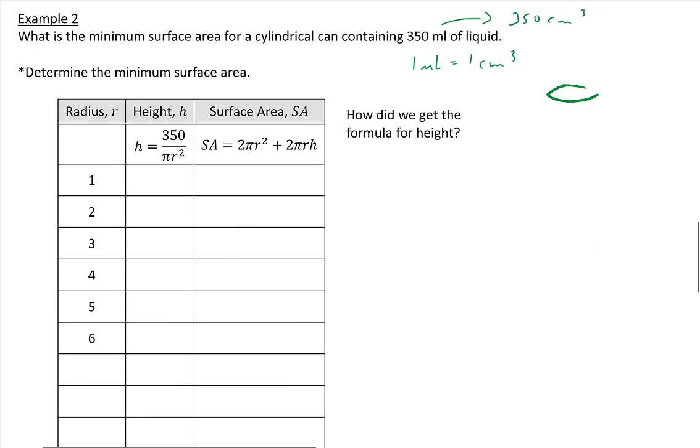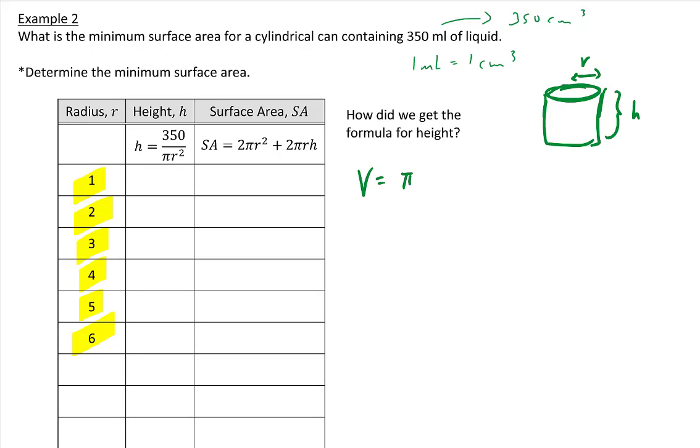Since we're looking at a cylinder, we are looking for the dimensions of the radius versus the dimensions of the height. So we're going to pick our radiuses to start and see if we can find what can design will give us the minimum surface area. So how did I get the height? Well, since we're given the volume, remember the volume is pi r squared h for a cylinder.